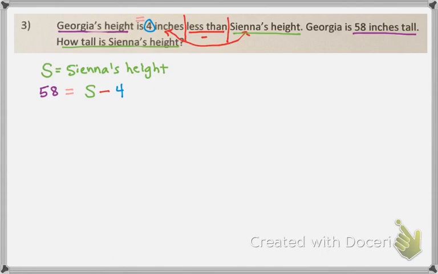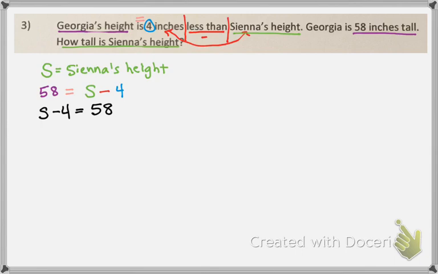But again, I don't like the way that it's written, so I'm going to pick up the right side, put it on the left, so my variable's on the left, and then equals, and then we have a constant, and it should be on the right, because that's where I want all my answers to end up. Constants on the right, variables on the left. Look what we've got here. It says S take away 4 is equal to 58.